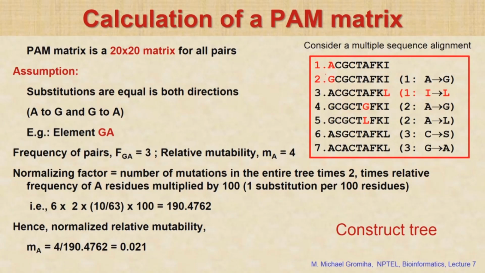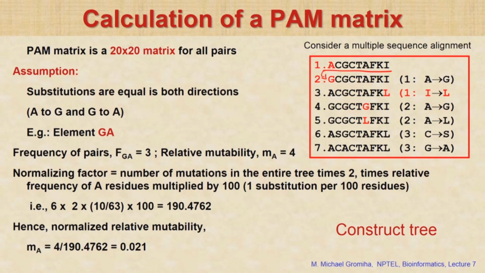I will show an example of how to construct a PAM matrix. We see one sequence here: A, C, G, C, T, A, F, K, I. In the first case A is mutated to G, so we can construct a tree.